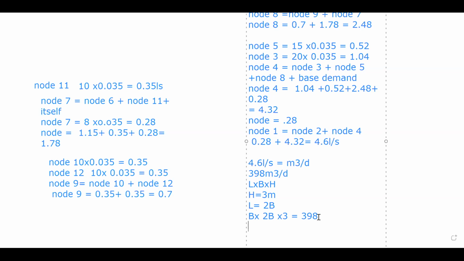So that will give me 6b squared. I don't know how to do square here, please bear with me. 398.